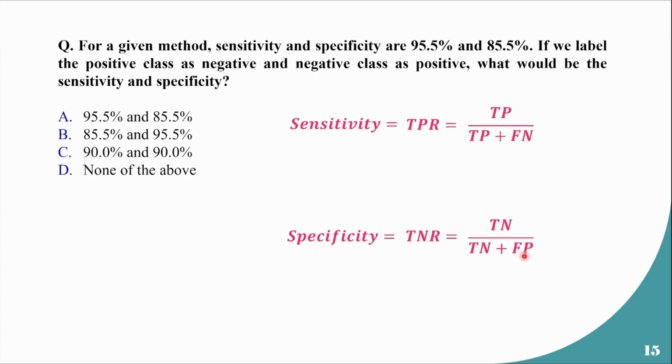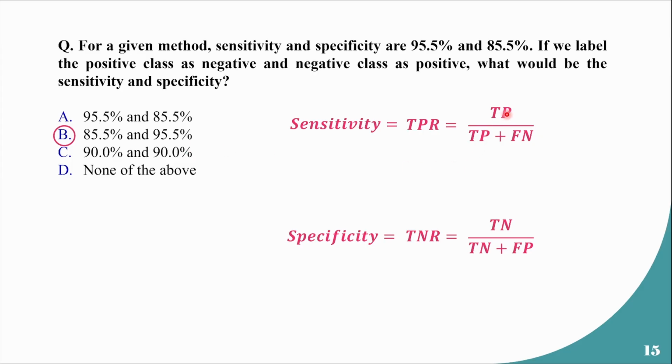So if you change the positive label to negative label and the negative label to positive label, the values calculated for your sensitivity and specificity will also be switched. Since earlier your sensitivity was 95.5% and your specificity was 85.5%, now your sensitivity will become 85.5% and your specificity will become 95.5%, just from switching the labels.